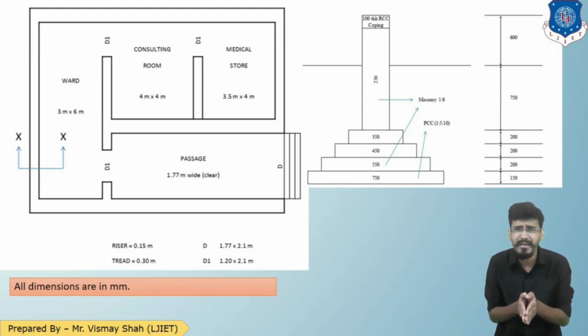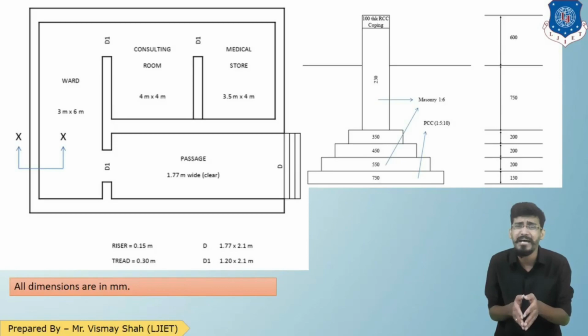Then the consulting room is 4 meter cross 4 meter, and the medical store is 3.5 meter cross 4 meter. There are two types of door given in the plan, D and D1. The opening schedule of the doors is already given in the drawing. In the notation, you can see at the bottom of the drawing, the opening schedule of doors is given. So this is the drawing of which we are finding the quantity.